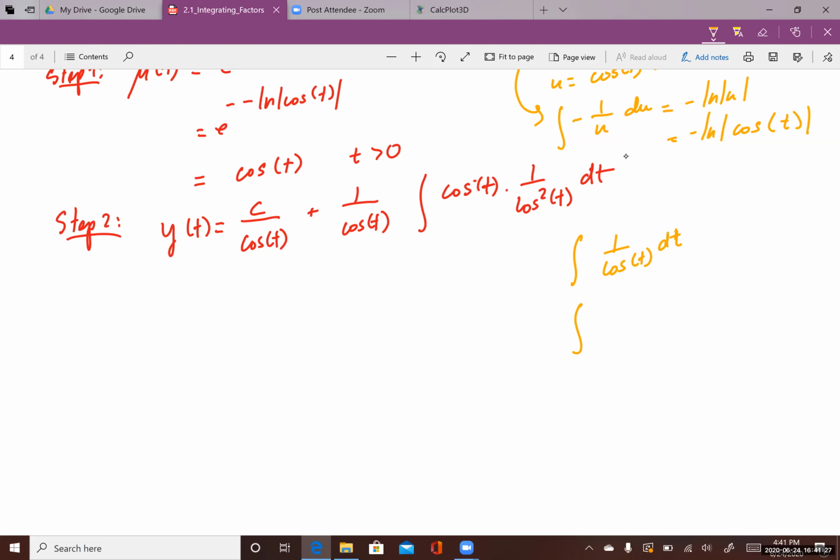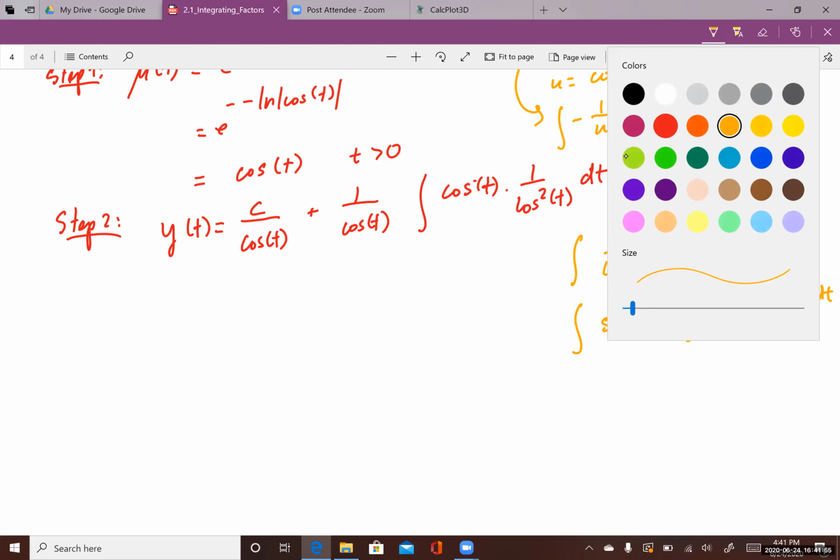This 1 over cosine is a secant of t, and you want to multiply by secant of t plus tangent of t, and also divide by the same secant of t plus tangent of t, dt. At this point you can use substitution to find this integral.